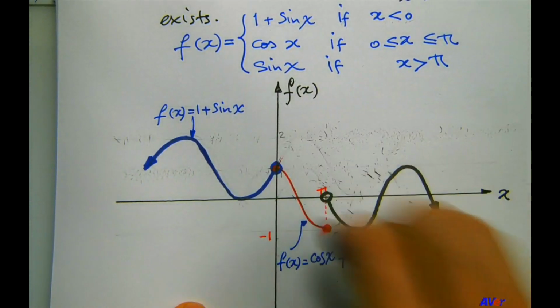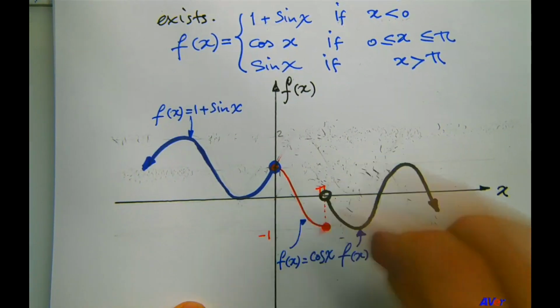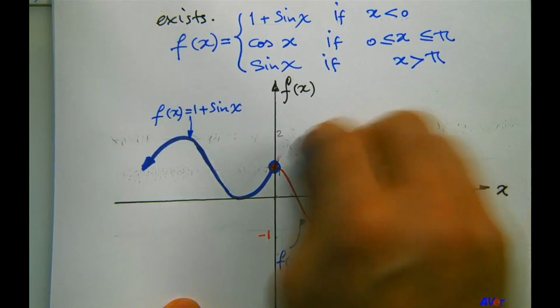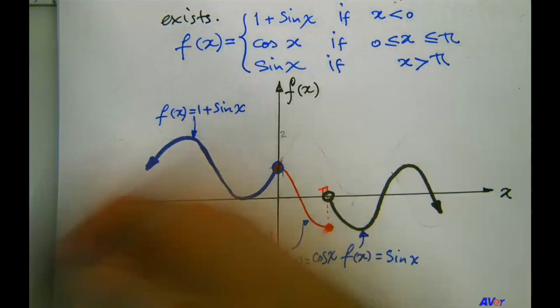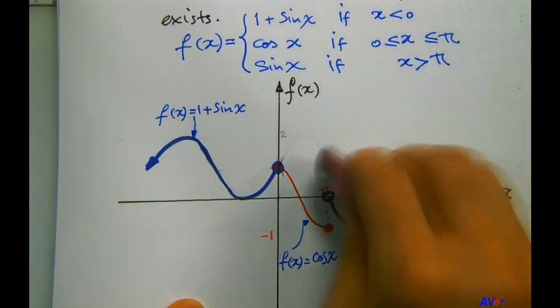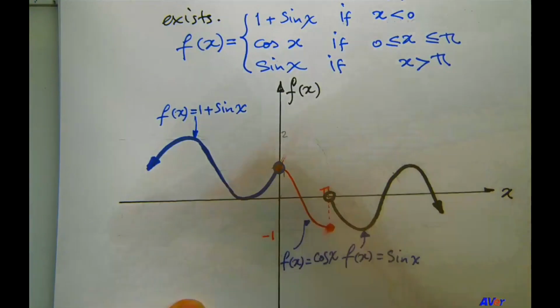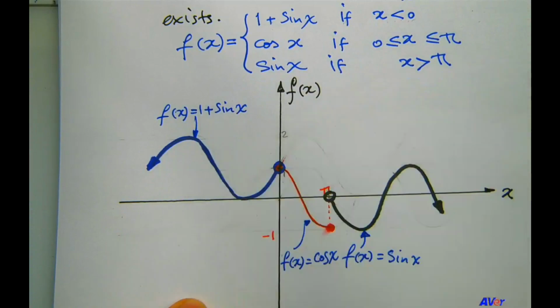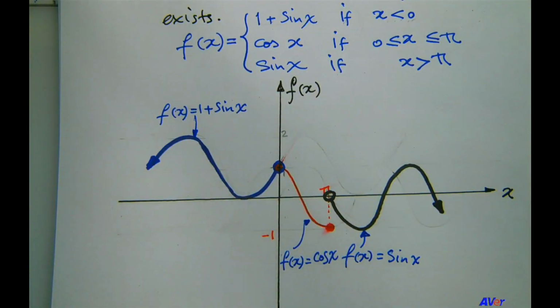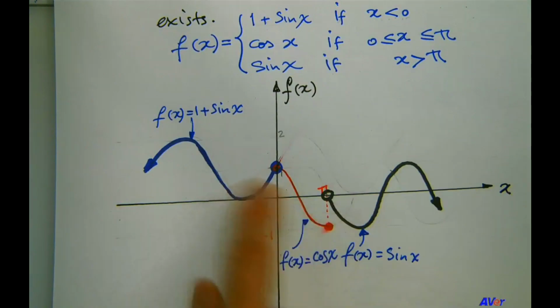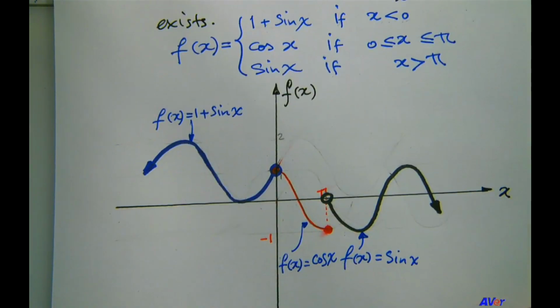Okay, and that too, that piece right there should go. I think that's good enough. So that's not bad. Like that, all of those extraneous lines should be gone. So only the bold-faced or colored lines are the valid pieces of this piecewise function. The pencil drawings are not valid.